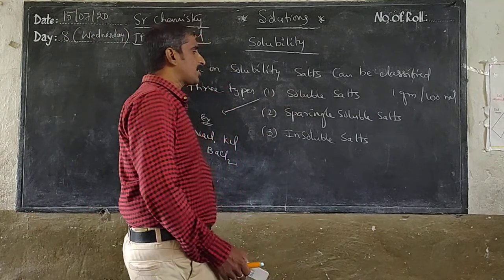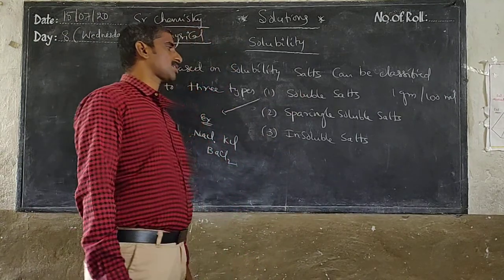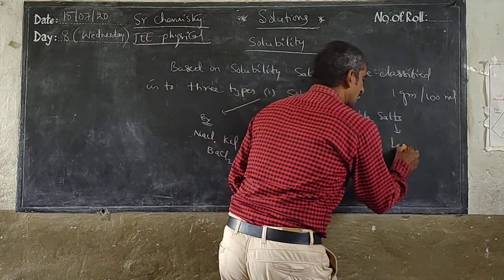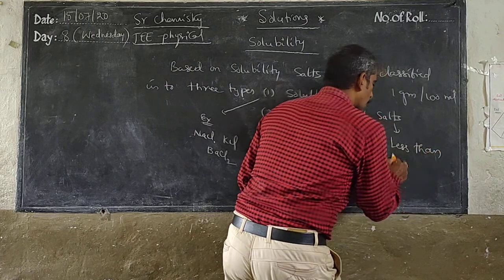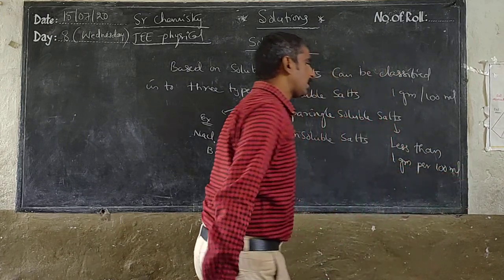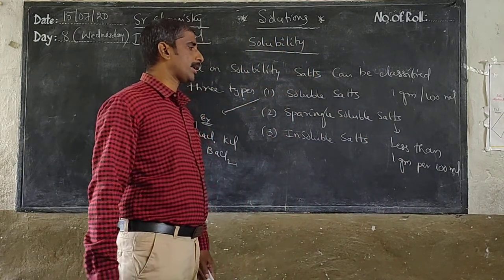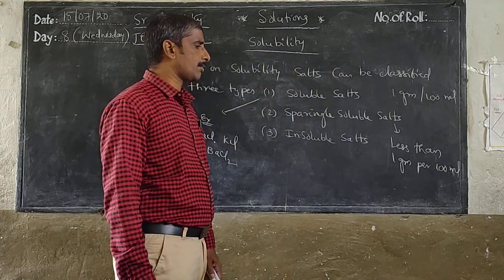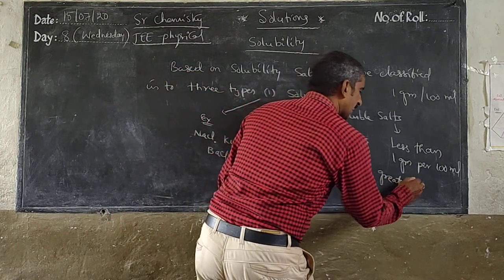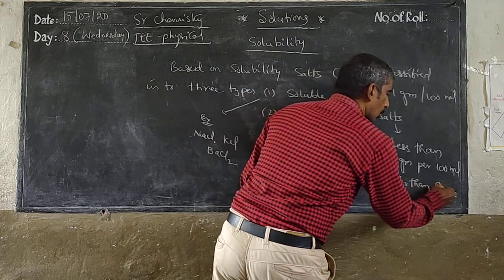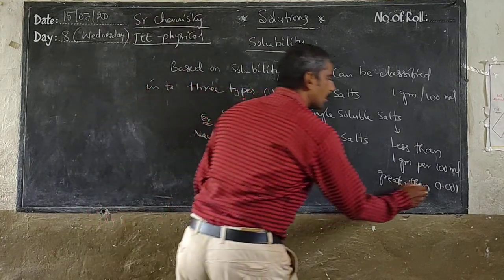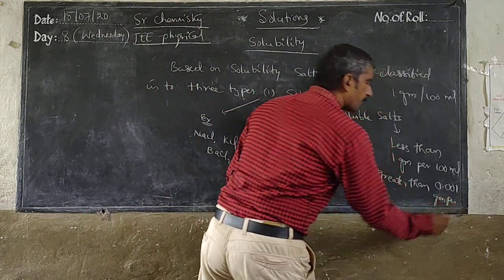The second one is sparingly soluble salts. They have solubility less than 1 gram per 100 ml solution, or greater than 0.001 gram per 100 ml.